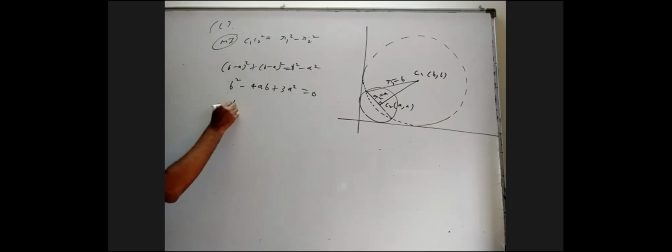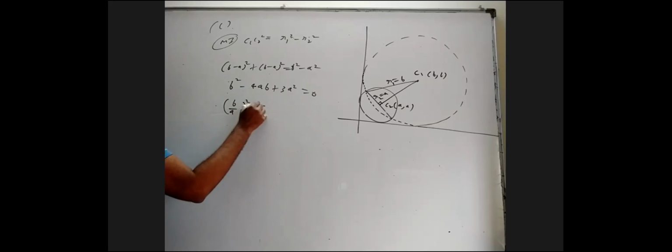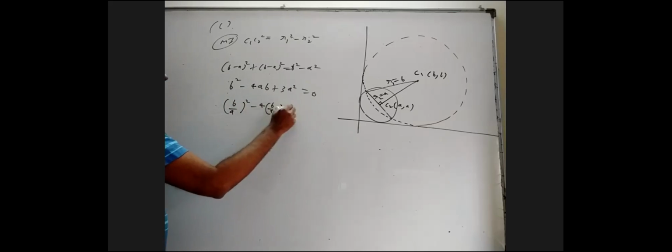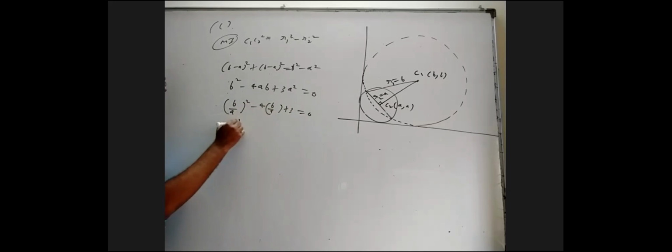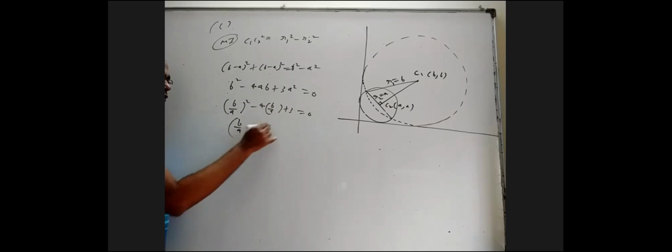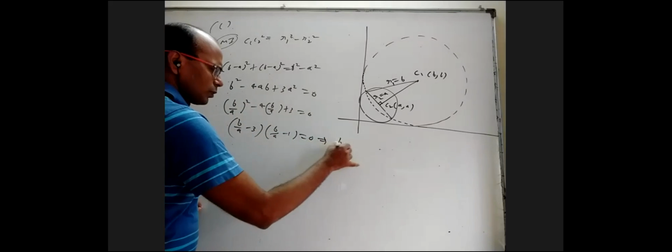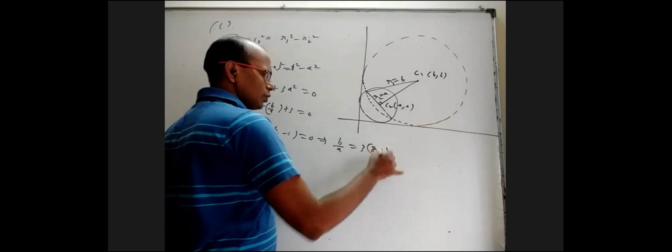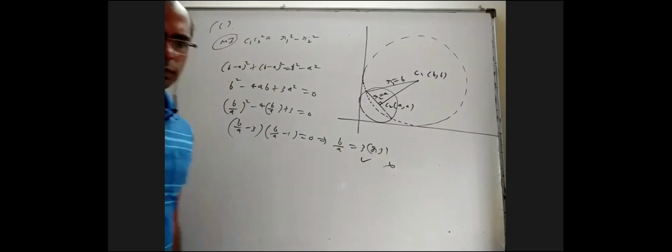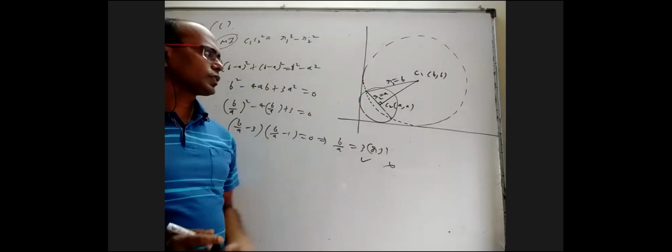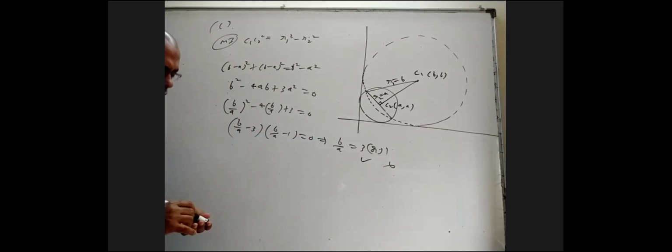If I divide by A square, the splitting is very easy: (B by A) whole square minus 4 (B by A) plus 3 equal to 0. 3 and 1 are the roots. So (B by A minus 3) into (B by A minus 1) equal to 0. B by A equals 3 or 1. 1 can't be, because the two circles can't have the same radius. So B should be 3 times the radius of the first one.